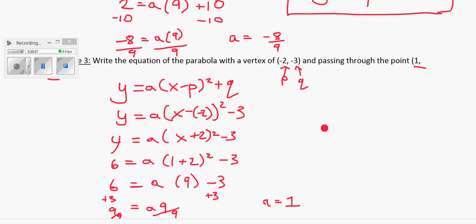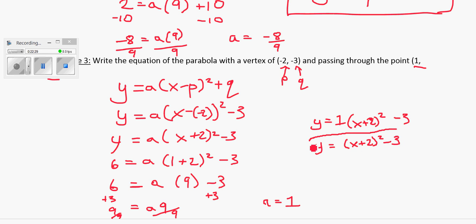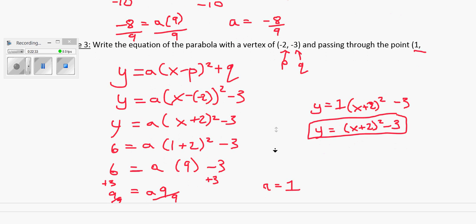And then to write out my formula for the equation, a is now 1: y equals (x plus 2) squared minus 3. And we don't actually need to write the 1 there because it's implied if it's not written. So the best answer is that right there. If you left the 1, you would still get full marks.